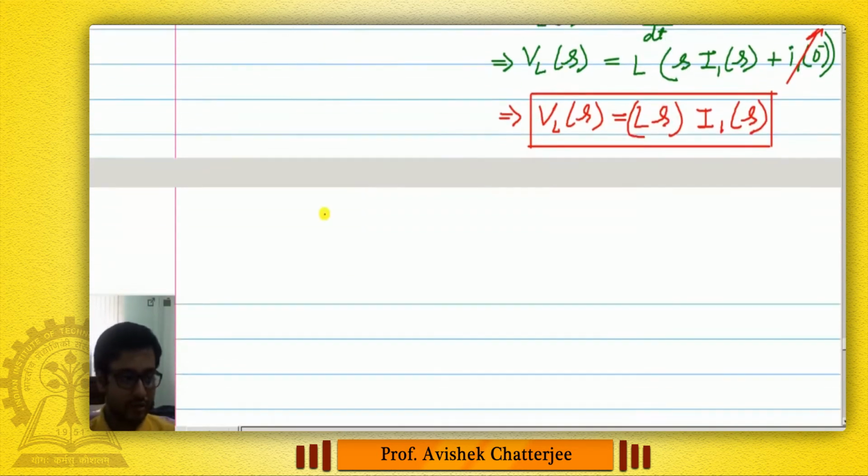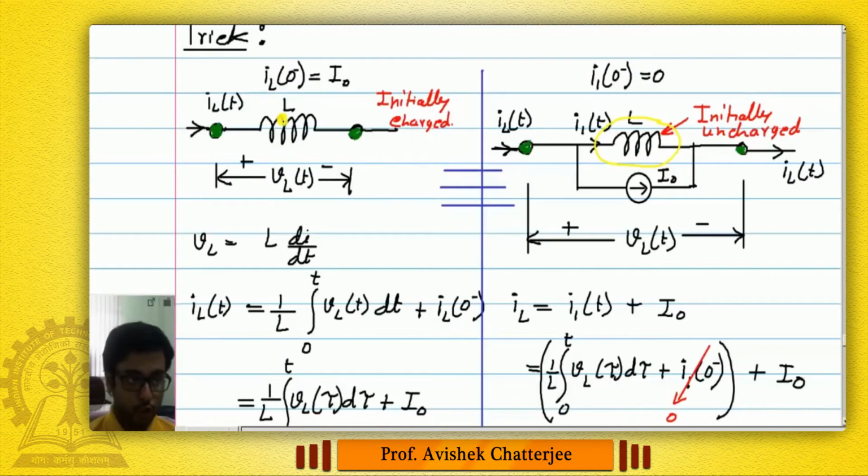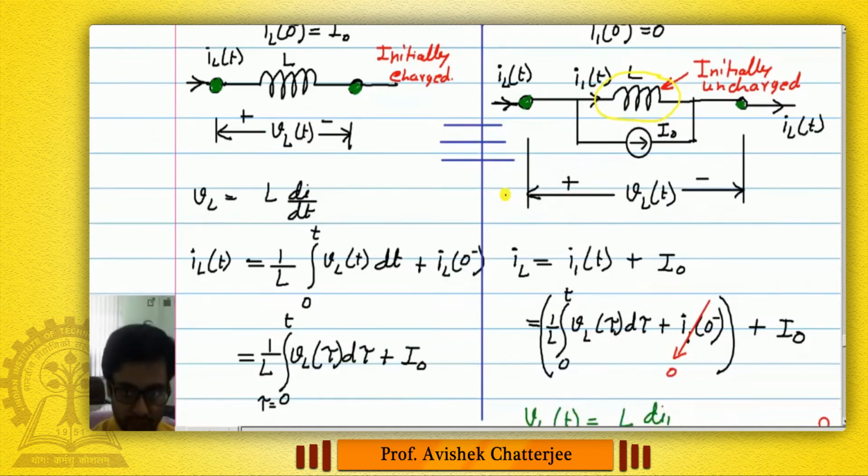So for an initially uncharged inductor, this impedance, which is nothing but the ratio of voltage and current, is equal to Ls. Okay, great. So these two branches are equivalent, and let us see the advantage of this equivalence with a small example.